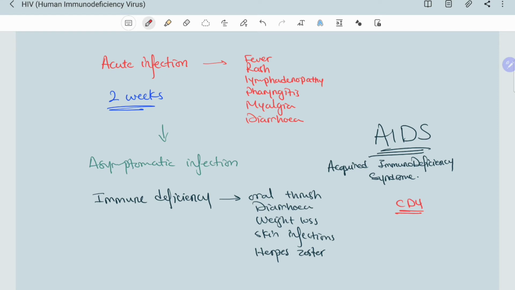If the CD4 becomes less than 200 cells per cubic millimeter of blood, that's the first marker, or they develop one or more opportunistic infections, regardless of their CD4 count. So it's either the CD4 becomes less than 200 or the opportunistic infections start to appear.